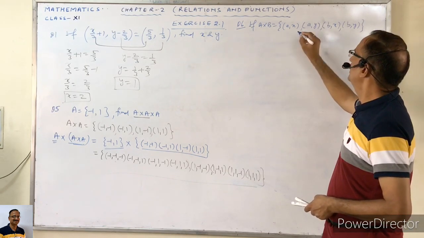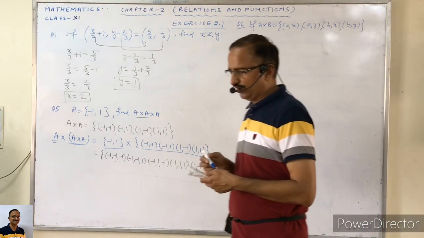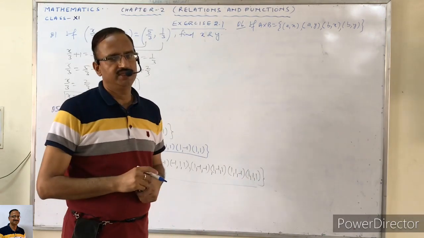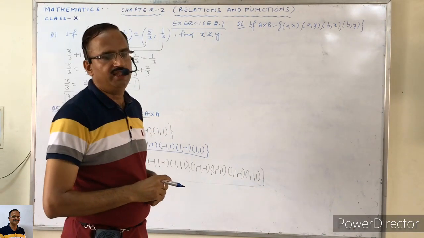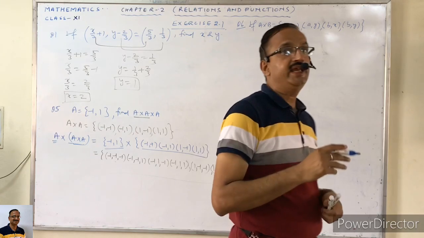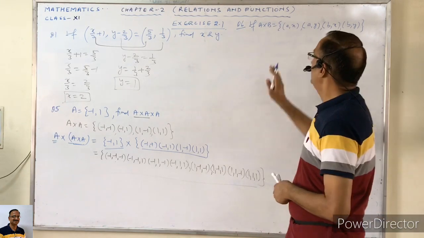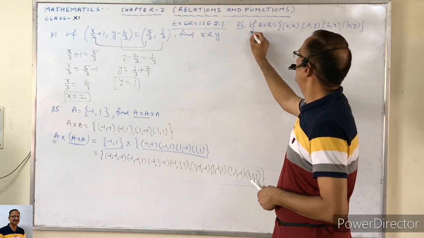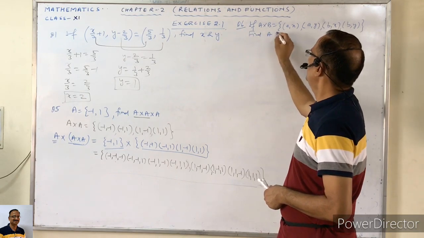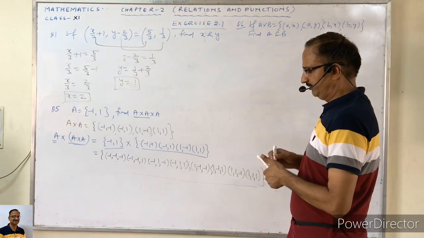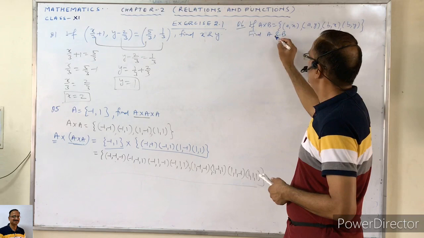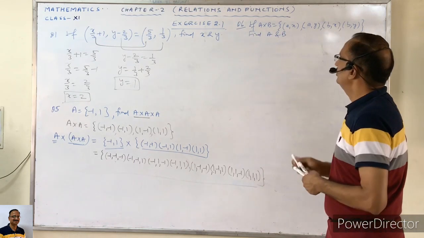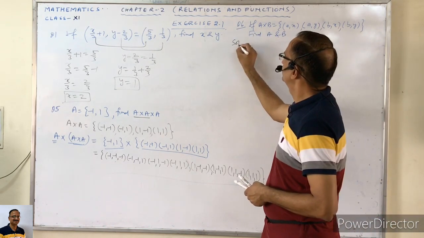These are the elements of A cross B. Then we have to find A and B. Now look at this. We have to find what is A and what is B. So the solution is like this.